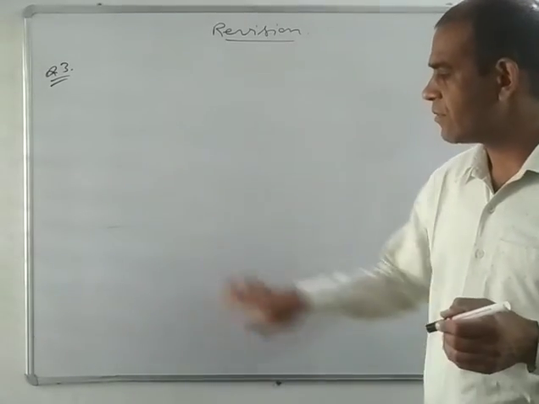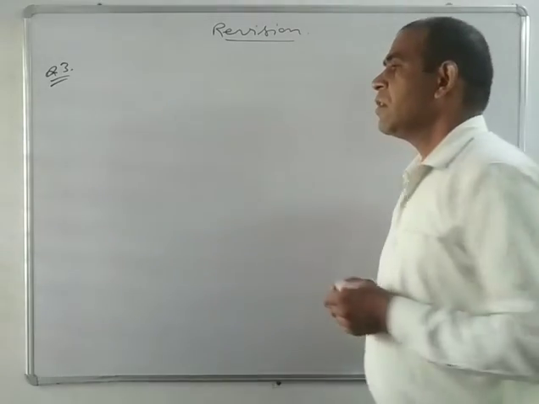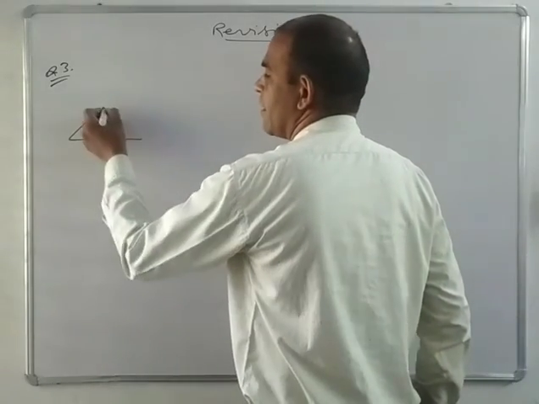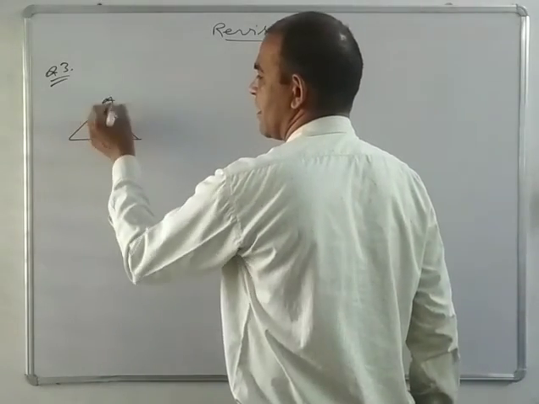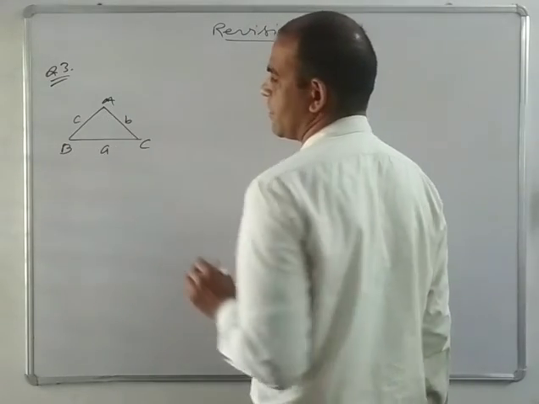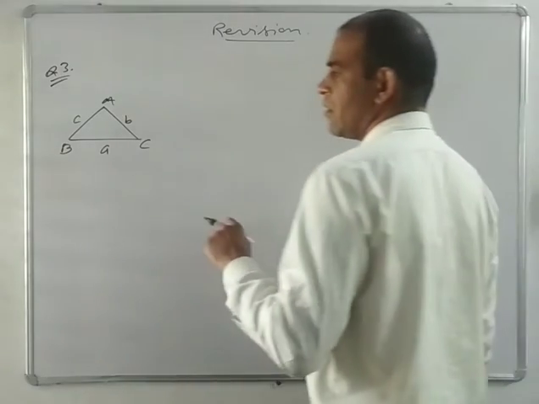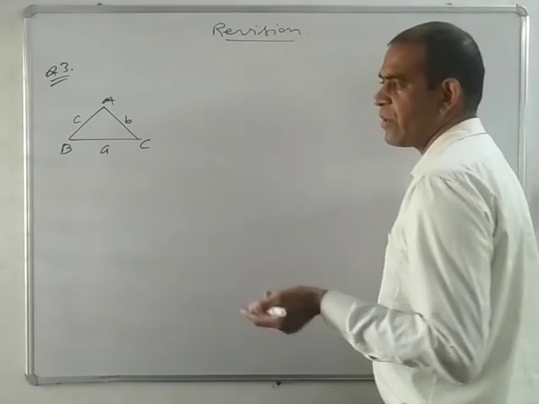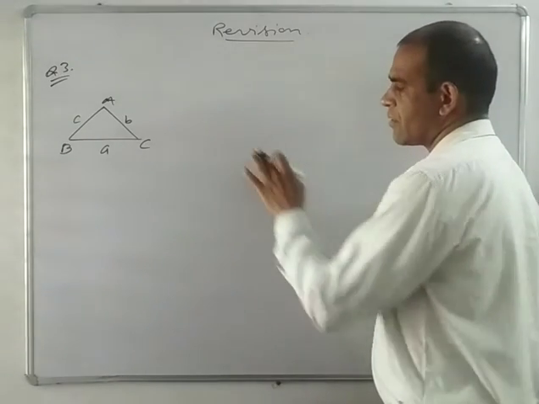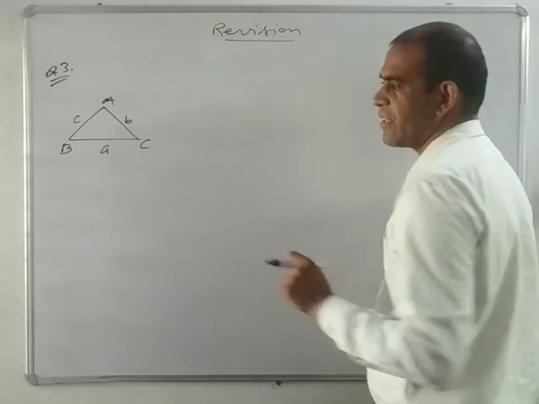Next question is from Heron's formula. ABC is a given triangle whose sides are small a, small b and c. If the sides of a triangle are doubled or tripled, this type of question is based on percentage.